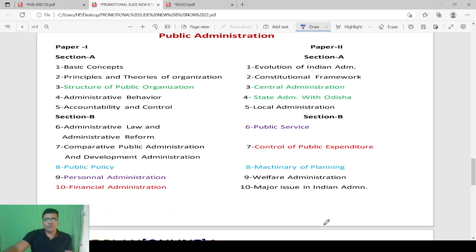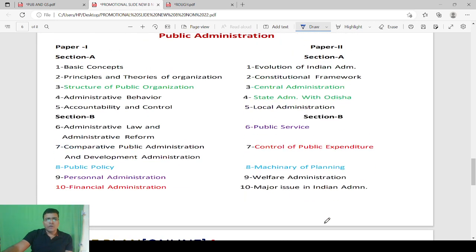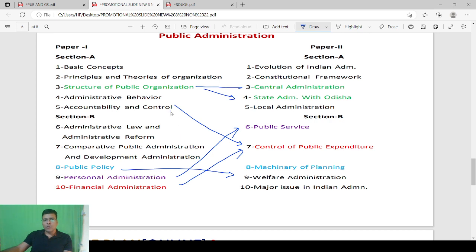So this is the syllabus, where it is very much interlinked. Structure of public organization links with paper 2, unit 3 and 4, public policy, planning, personnel administration, public service, financial administration, control of public expenditure. After that, accountability and control also links with control of public expenditure and with major issues. Personnel administration links with major issues.